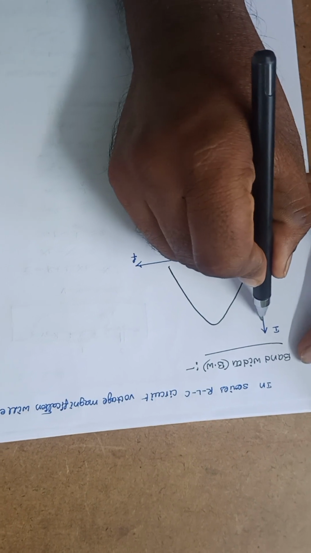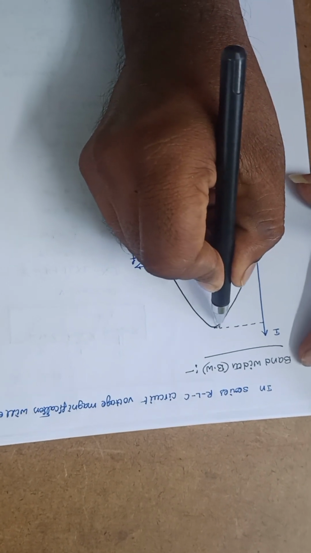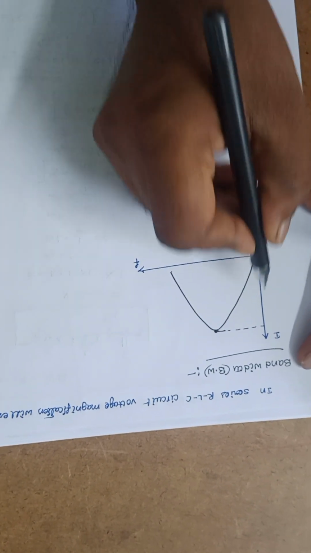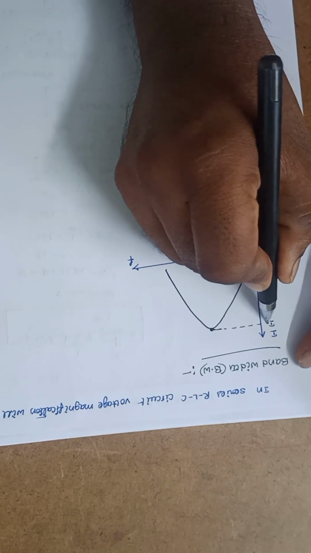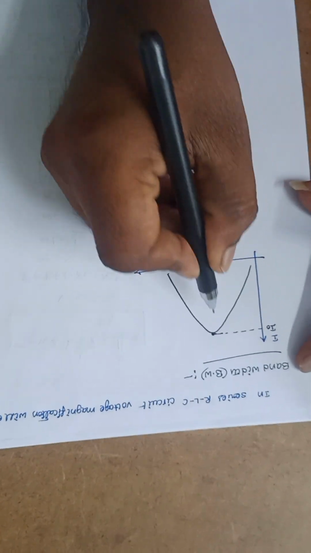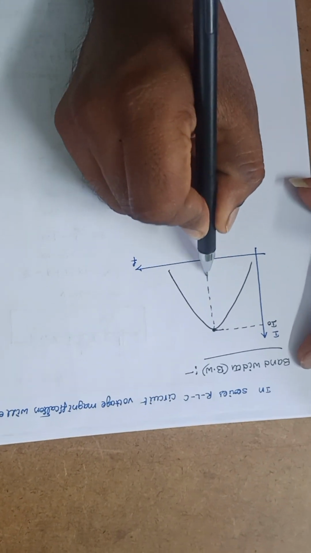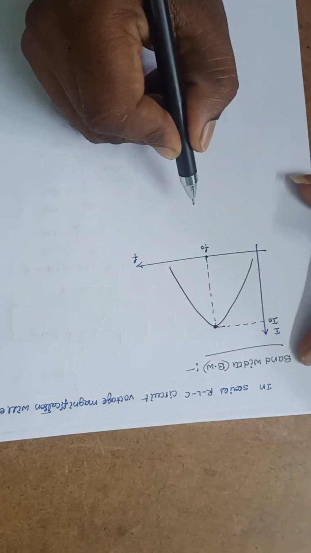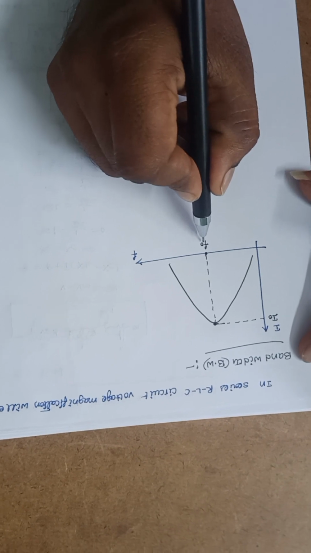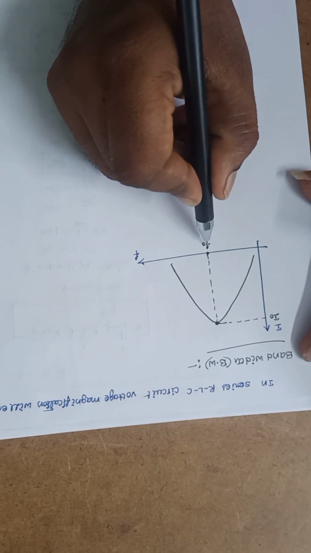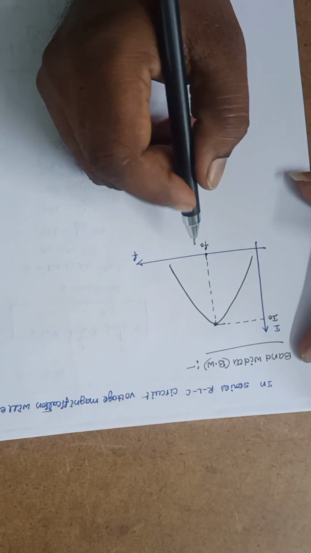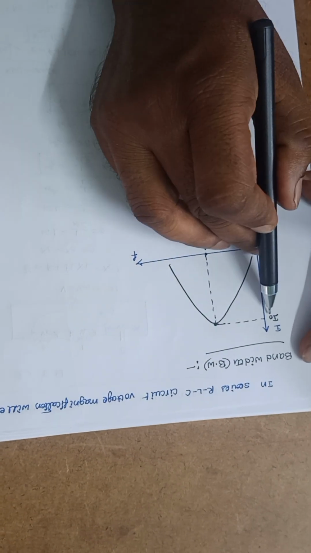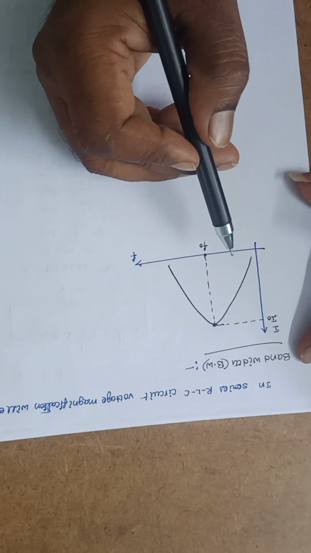So this is nothing but it is the current, we can represent it as I naught. On this point, this frequency is nothing but the resonance frequency, okay, at which XL is equal to XC. Whenever XL is equal to XC under resonance frequency, the current will be maximum. We have already seen this concept.